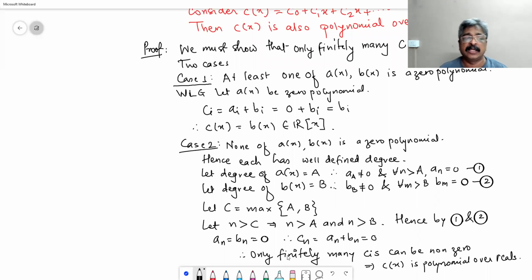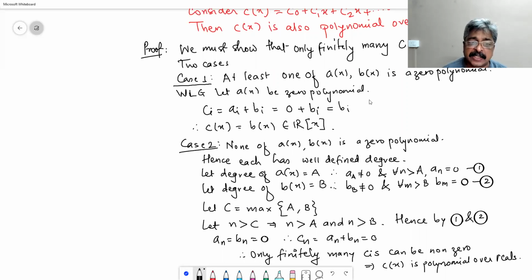After addition, the new polynomial will also be the zero polynomial. So case 1 which we are considering is that at least one of a of x or b of x is a zero polynomial. Without loss of generality, WLOG, we can consider a of x is a zero polynomial. We can always consider b of x also as a zero polynomial. So any one of them is a zero polynomial.